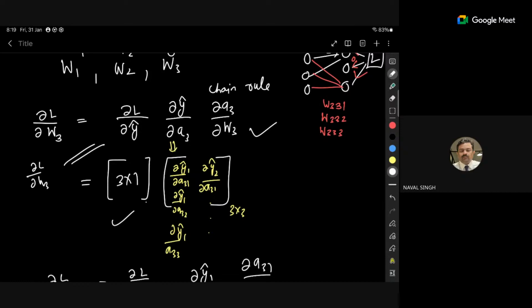So just 3 by the entire weight, the dimension of weight 3, that will be 3 by 3, maybe 3 by 3 cross 3. The entire dimension of weight, every element of weight W3, and how the change of that impacts the elements of A3, maybe.